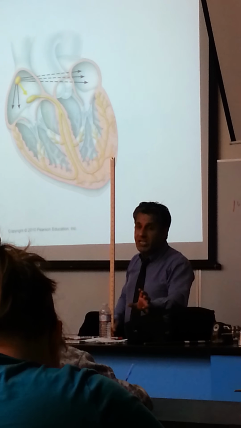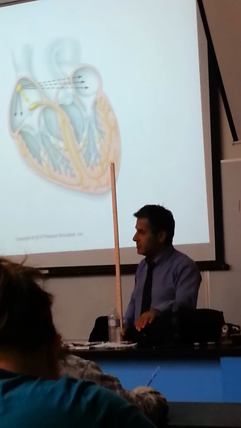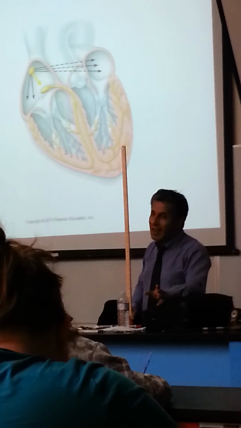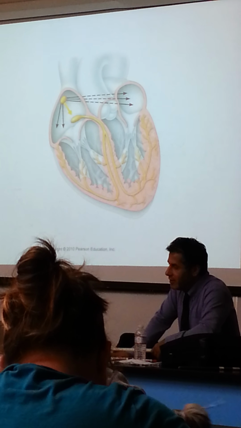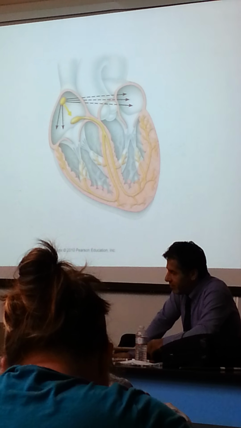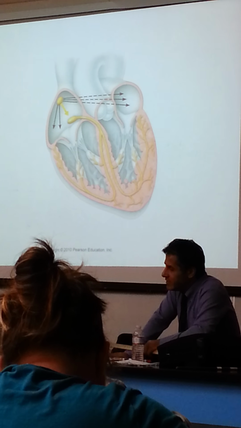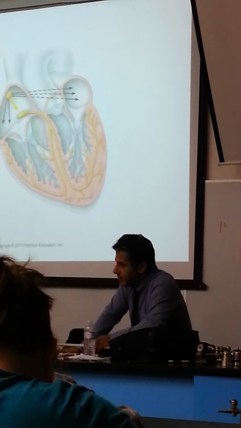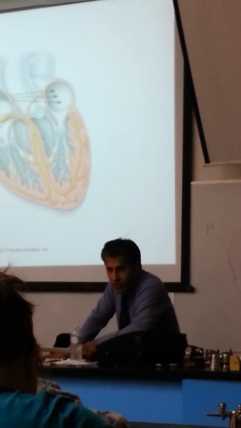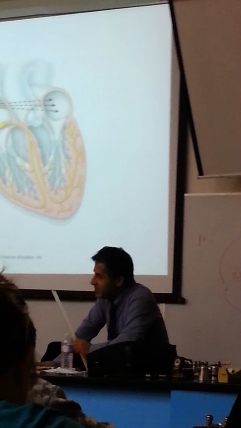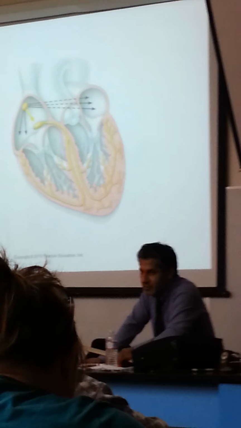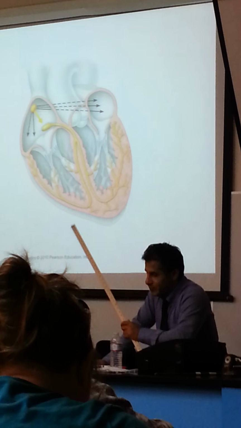And then it checks the integrity of the impulse. Then it allows the atrium to contract and then allows the impulse to pass through. All right? What happens if your AV node is not functioning? The condition is known as heart block. Very good. And how many types of heart block do we have? Three. What are those? Wenckebach.